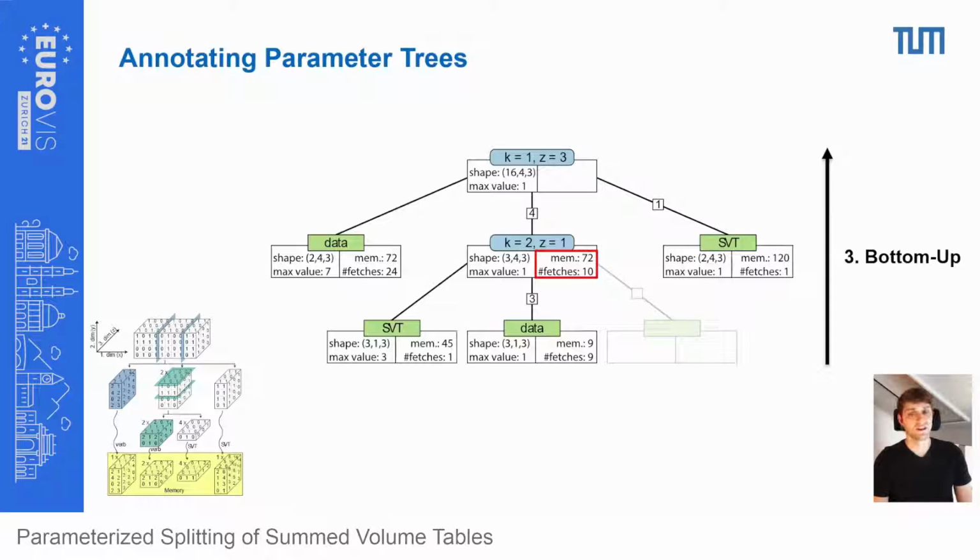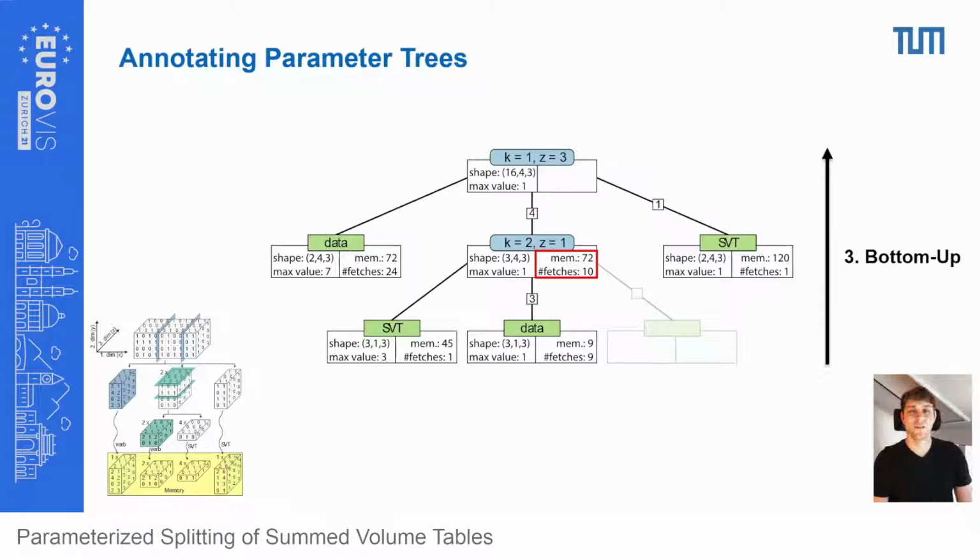On the other hand, an upper bound for the number of fetches is obtained by taking the maximum of fetches for both subarray subtrees and then adding the fetches for the aggregate subtree. This reflects that a prefix sum of the block before splitting is recovered from a prefix sum of the aggregate array as well as a prefix sum of a single subarray after splitting. Note that this bound does not have to be tight, as we discuss further in the paper.